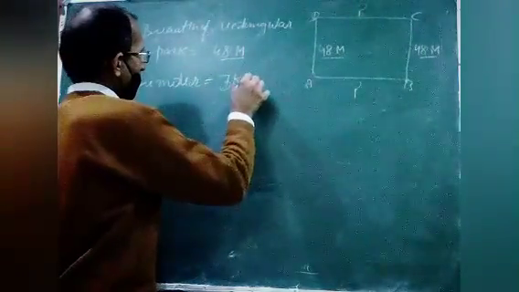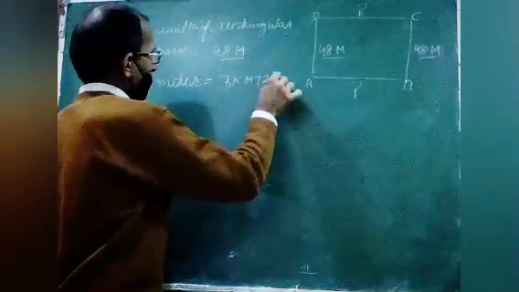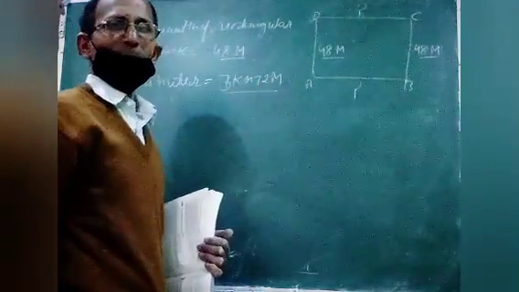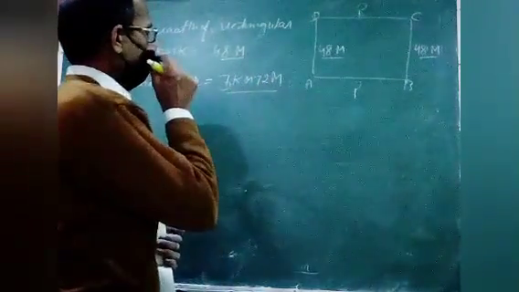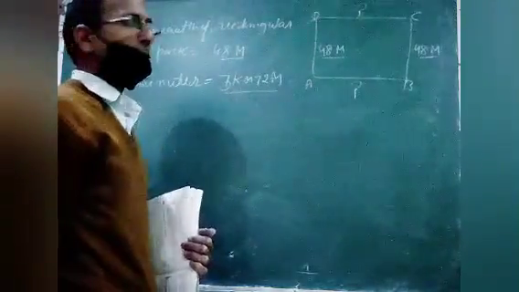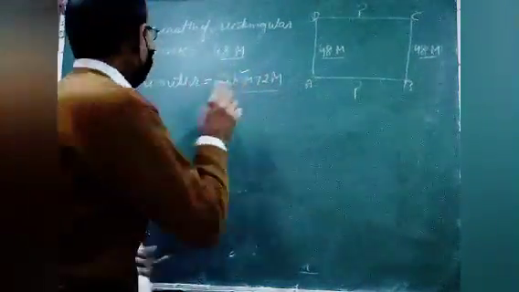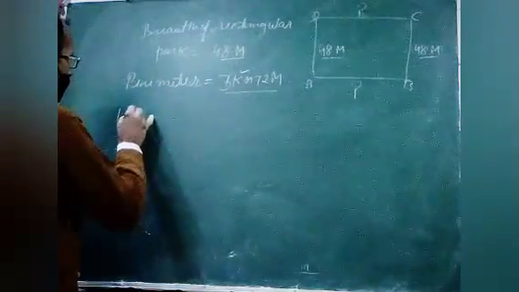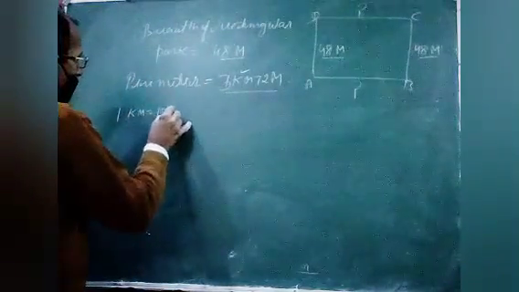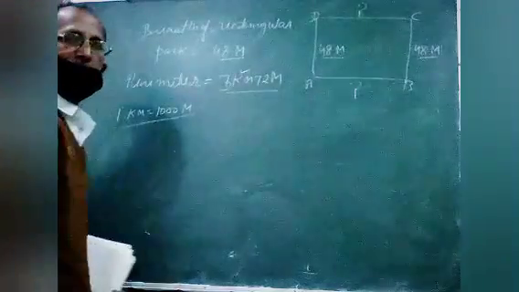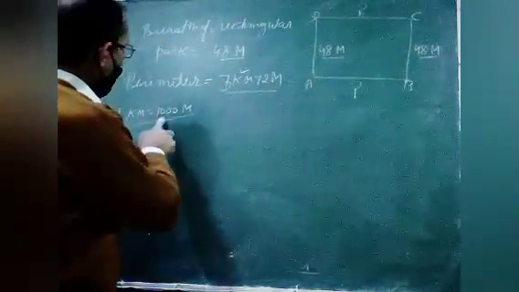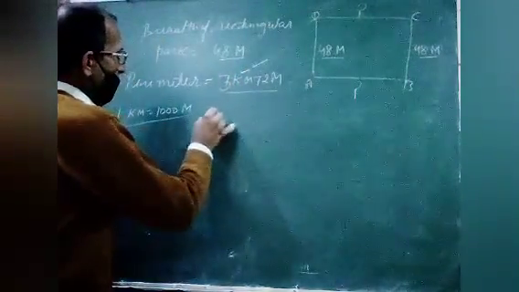So students, in the beginning I told you, first we have to convert into the same unit. So now see, 1 kilometer has how many meter? 1 kilometer is equal to 1000 meter. Now convert into meter.